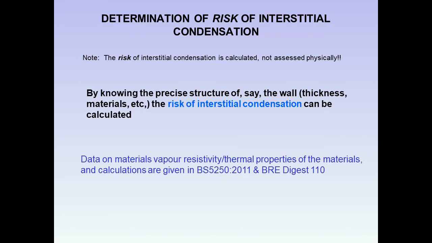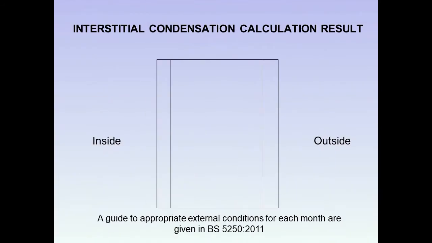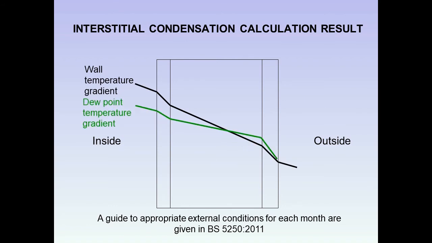And data on vapor resistivity, thermal properties of materials and so forth are given in the British Standard below and Building Research Establishment Digest 110. And what we finish up with is what we've just seen: the wall temperature gradient and the dew point temperature gradient, and indeed where they cross, then theoretically there is a risk of interstitial condensation occurring.